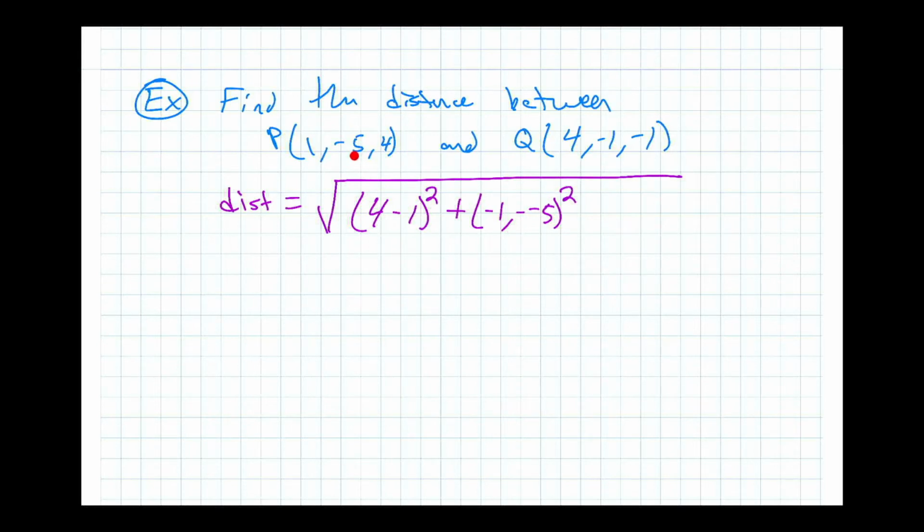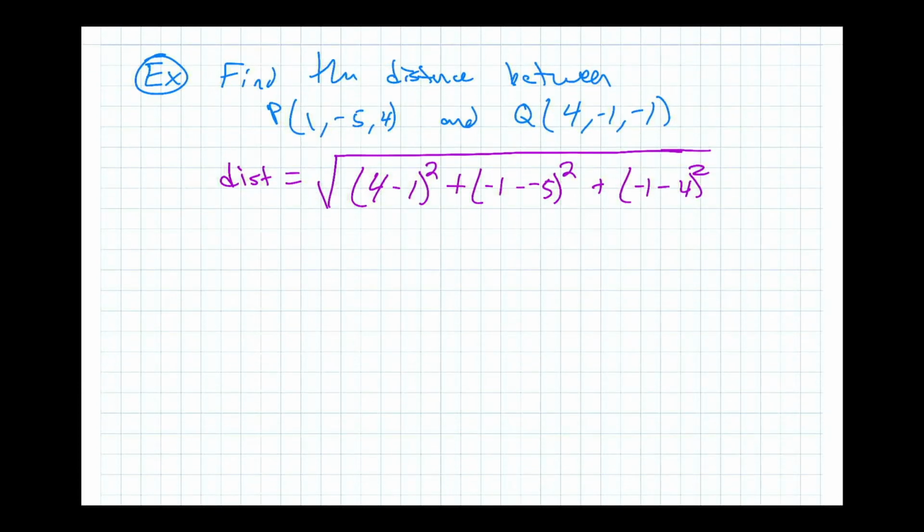I guess technically you'll get the right answer, but you should do it right. So -1 minus 5, which is actually going to turn out to be a +5, but we have to be careful with the signs. All right, last one, z. So -1 minus 4 squared. And then you just work this out.